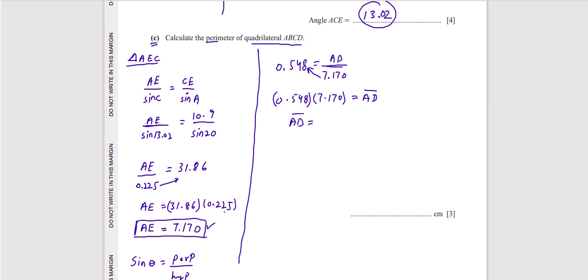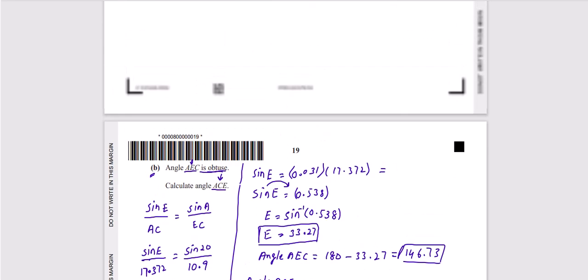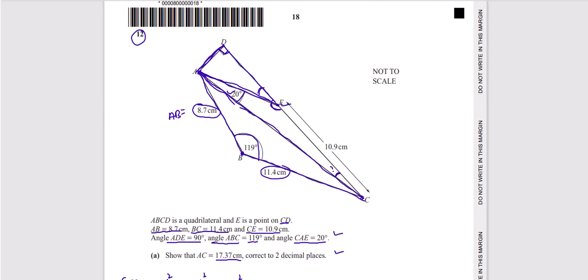AD is equal to 3.933 centimeter. The other value is centimeter, this is also centimeter. So this value is equal to 3.933 centimeter.